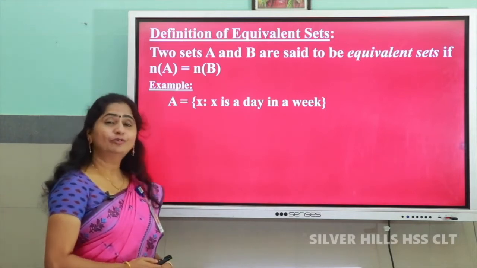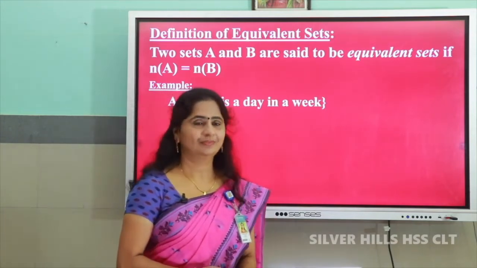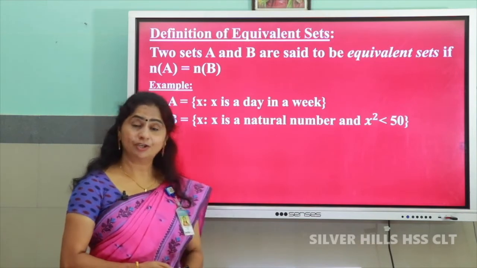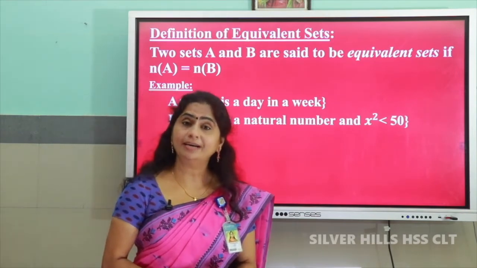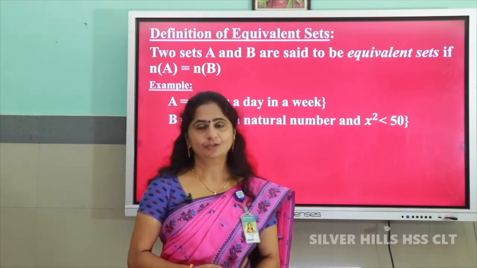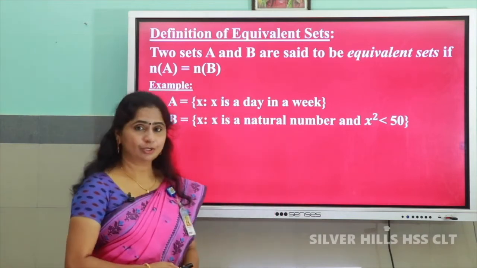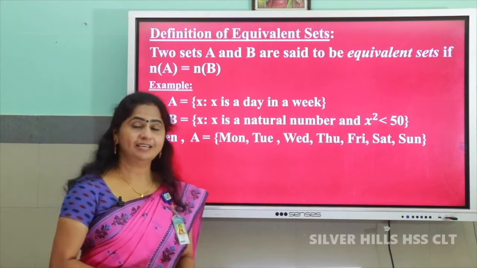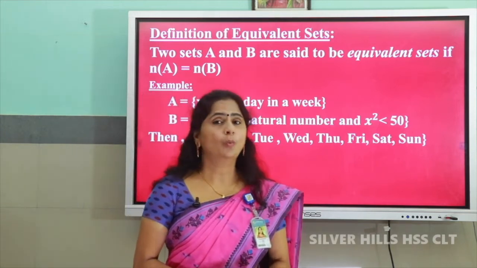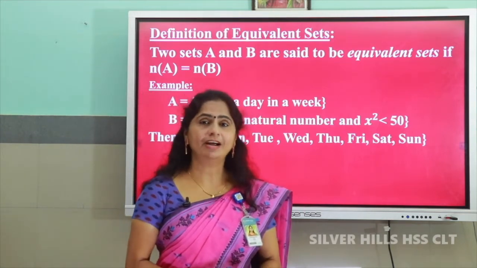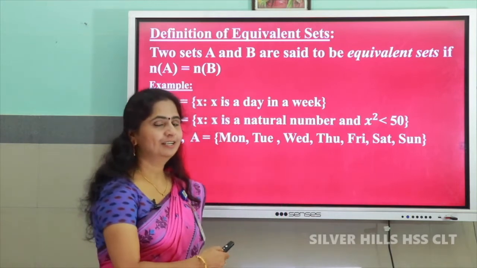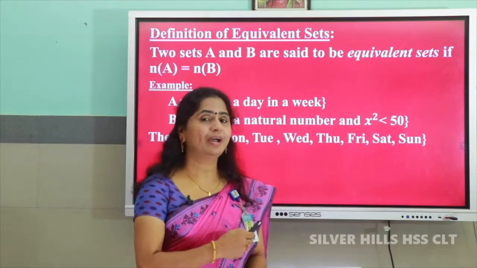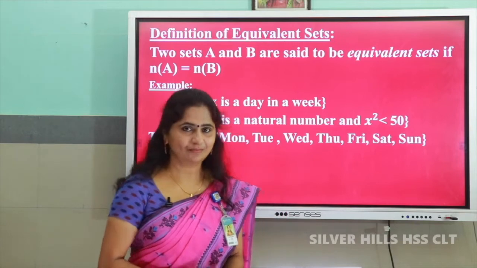Let A be the set of days in a week. B be the set of natural numbers such that x squared is less than 50. So let's write in the roster form. The set A will be equal to the 7 days: Monday, Tuesday, Wednesday, Thursday, Friday, Saturday and Sunday. So 7 days in a week, so n of A is equal to 7.